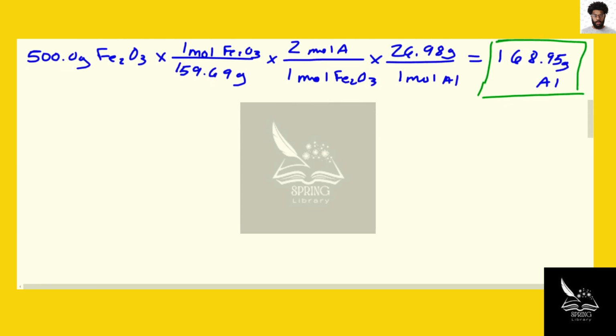Okay, so our next step here, we're given that the reaction produces 852 kilojoules of heat per 1 mole of our iron 3 oxide. So how many grams of iron 3 oxide is needed to produce 1 times 10 to the 4th kilojoules of heat?